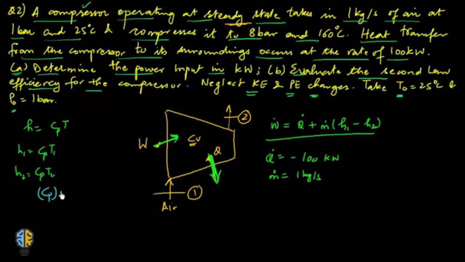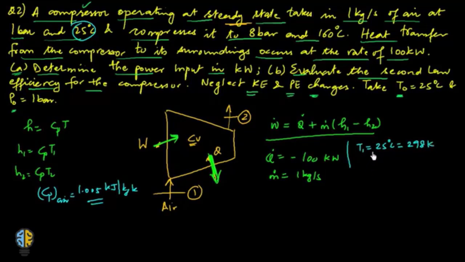Cp for air as the working fluid is 1.005 kilojoule per kg Kelvin. T1 is 25 degrees Celsius, or 298 kelvins.